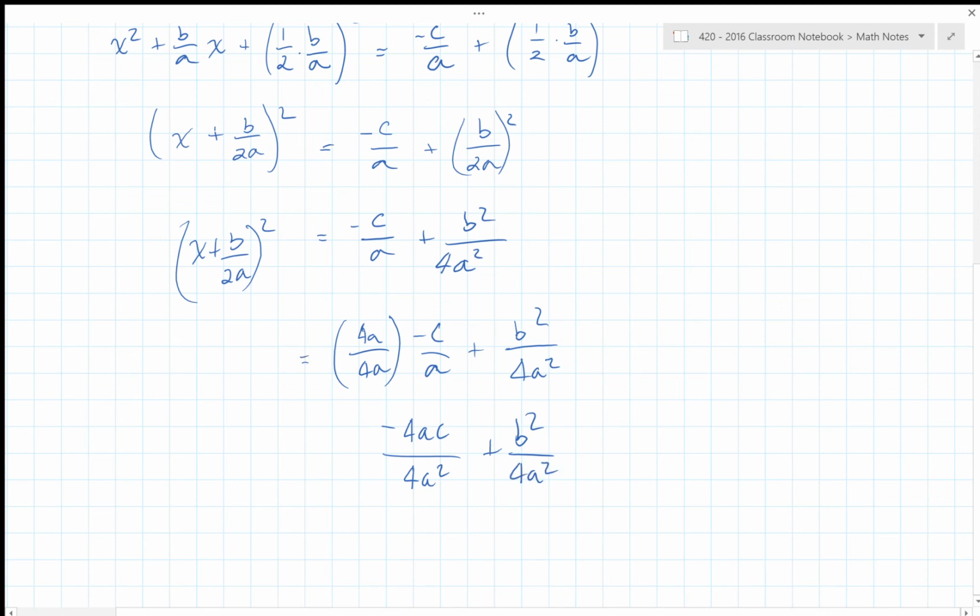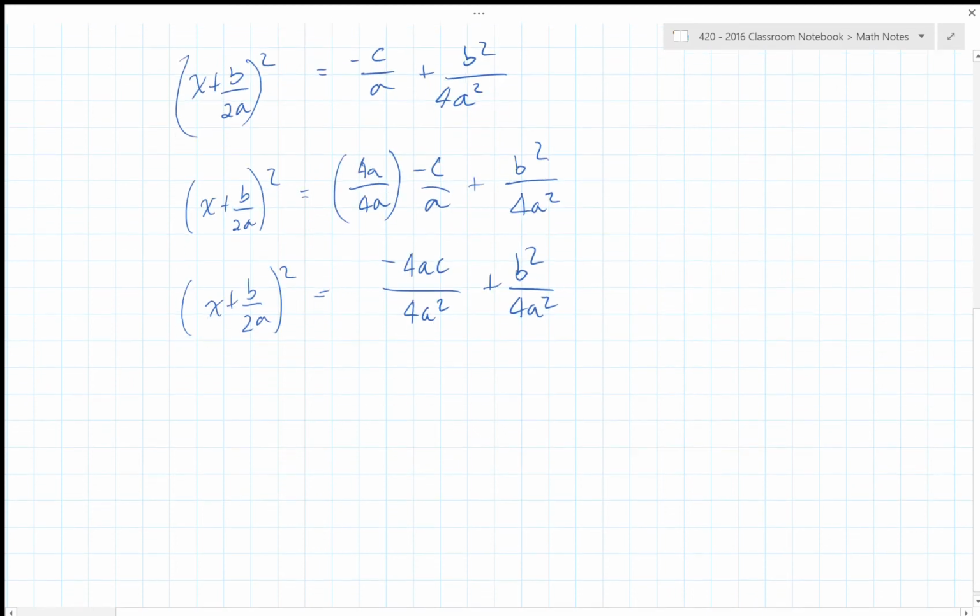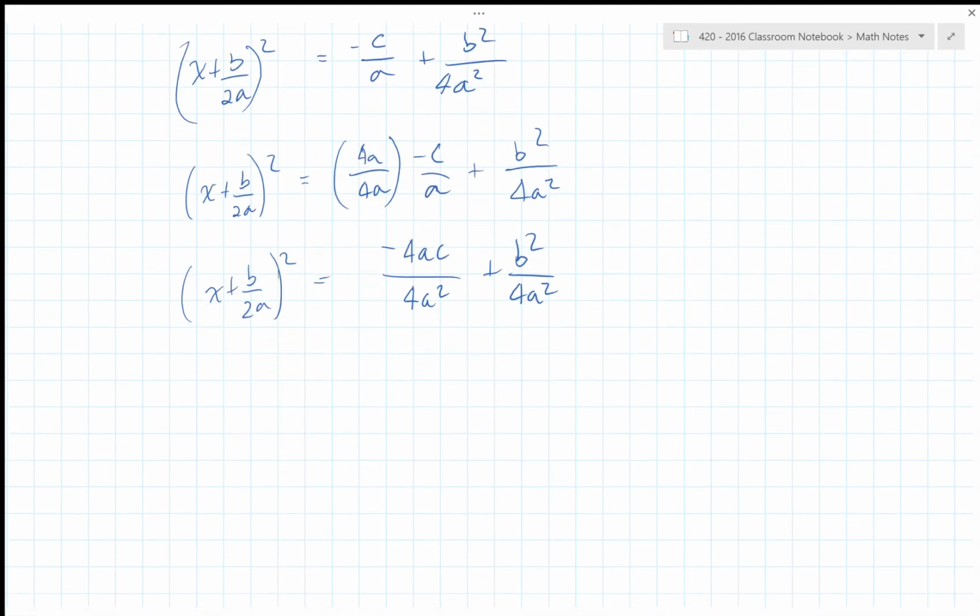And I haven't written it in a bit, but this is still equal to x plus b over 2a squared. Okay, now that I have the common denominators on the right, I can add it together. Negative 4ac plus b squared over 4a squared is equal to the quantity x plus b over 2a squared.